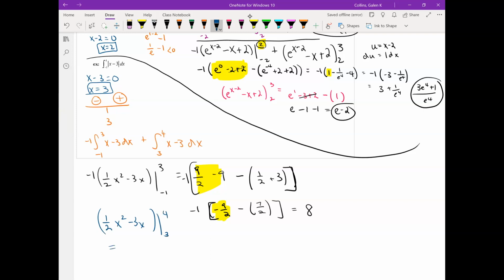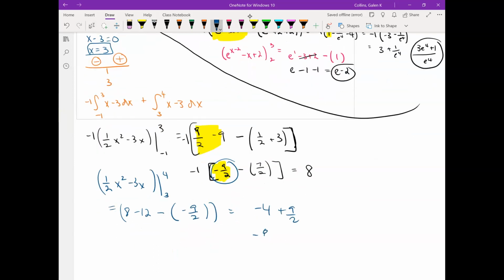All right, we have 4 squared, 16 over 2, which is 8, minus 3 times 4, minus what we got when we plugged in the 3, -9/2. So -4 plus 9/2, which is -8/2 plus 9/2, which is 1/2.